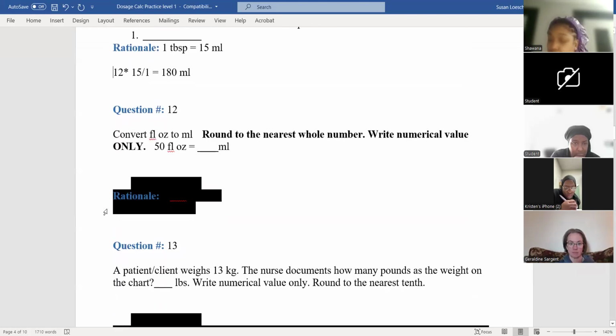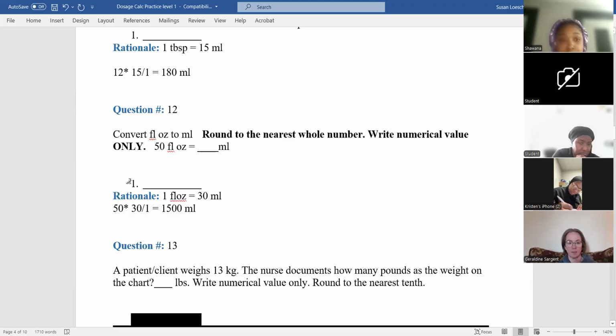So you're going to convert 50 ounces into mLs. What do we get? I got 1,500.